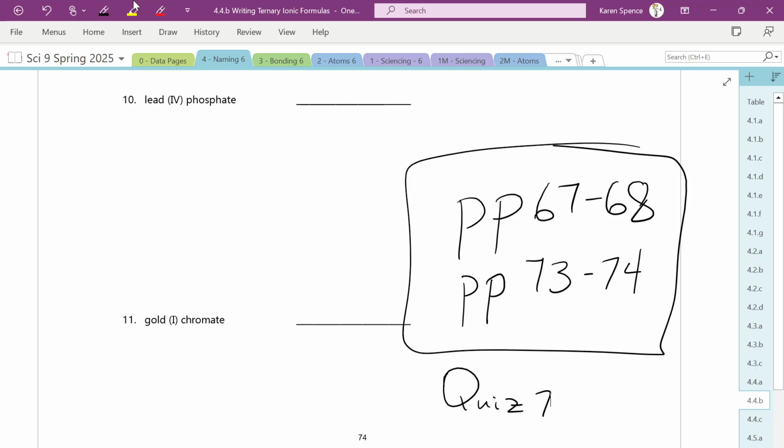Do you want me to do these ones too while I'm here? Okay. Nitrogen phosphide.